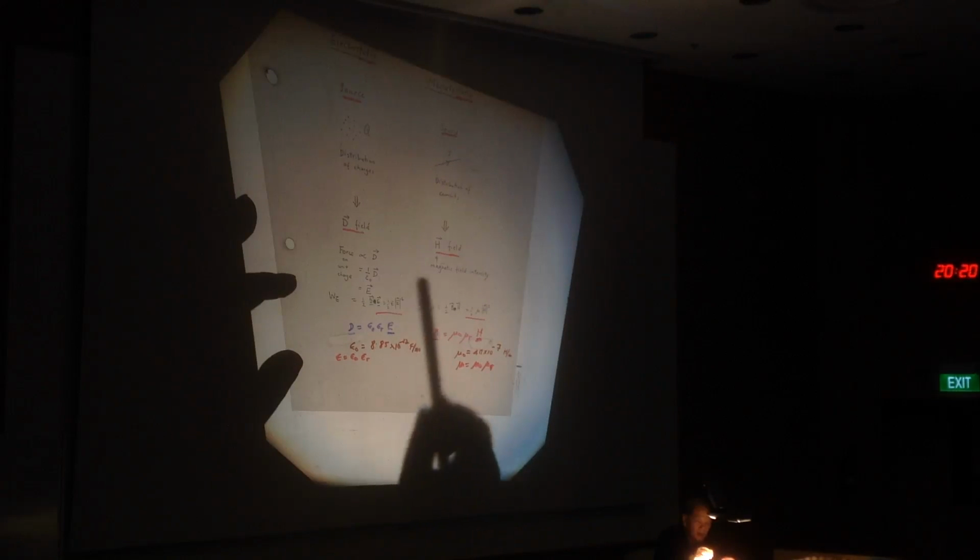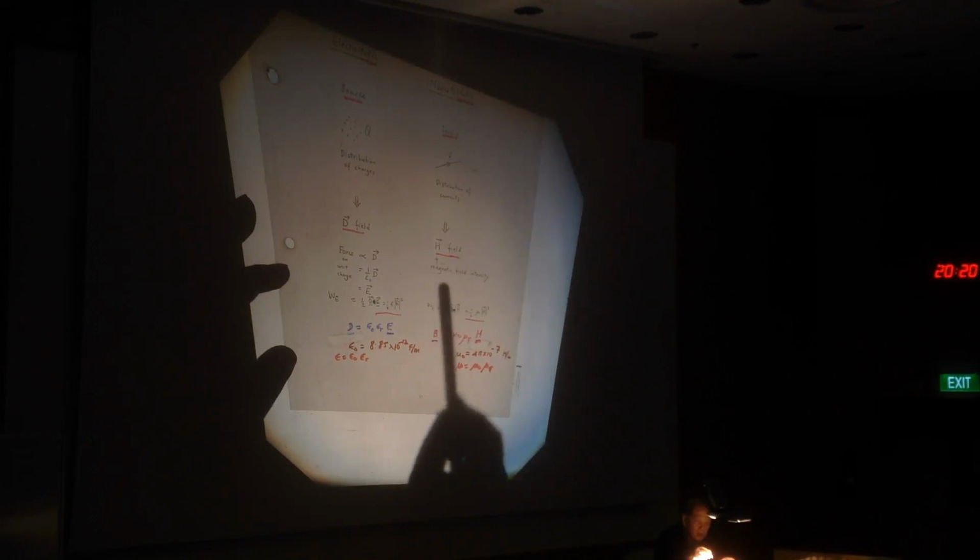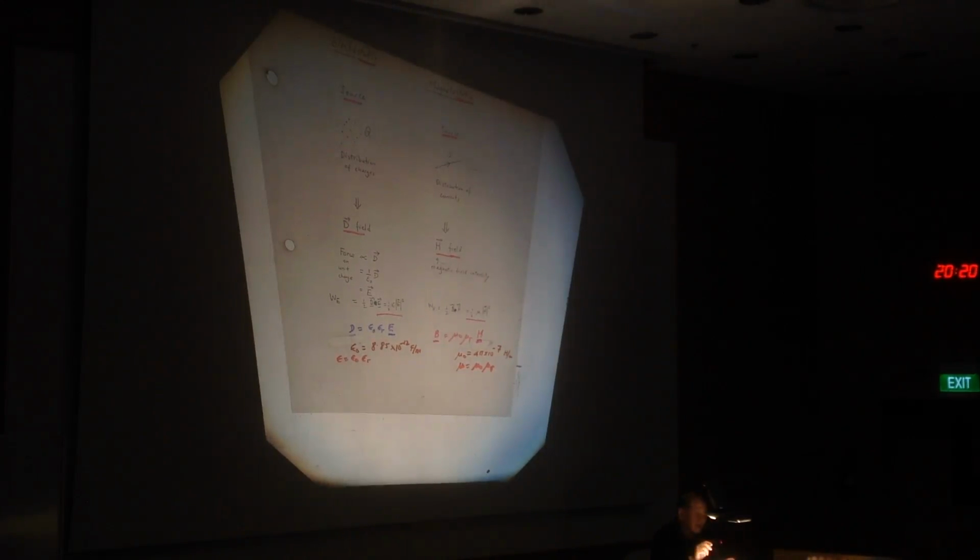So we shall see very soon how to define and quantify H. We know H comes from a current.